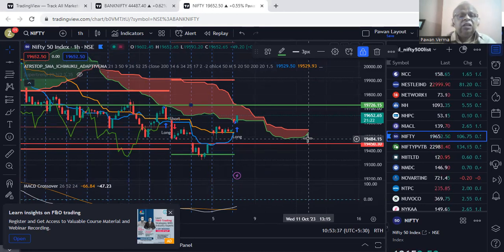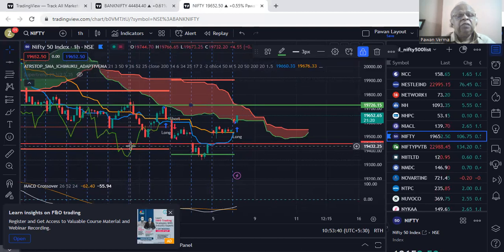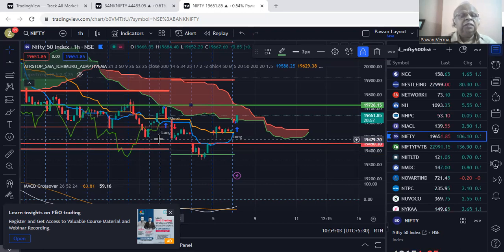So friends, this was the analysis based on the Chikou span and span A, where the Chikou span is crossing the Tenkan-sen, and the position of the Chikou span is just below the price, and it is approaching the price. From here, the same can be rejected in normal circumstances.